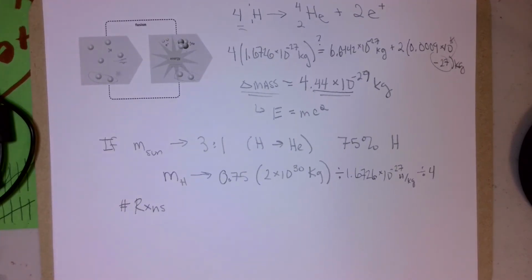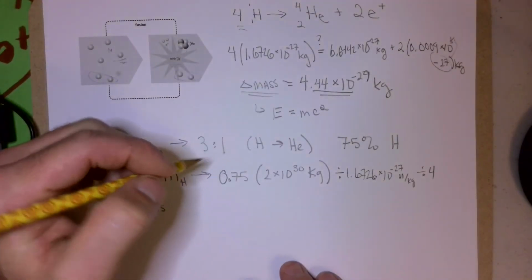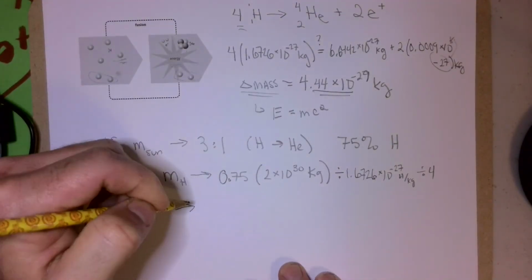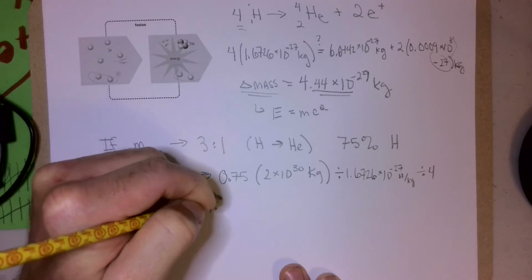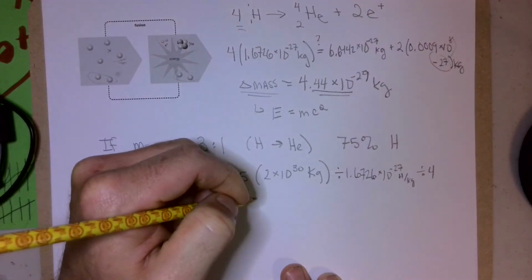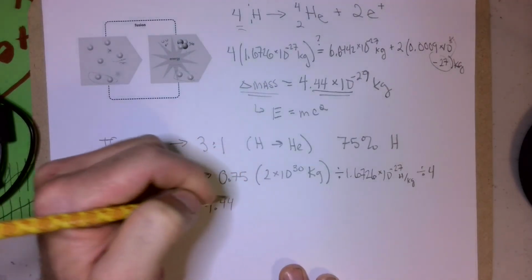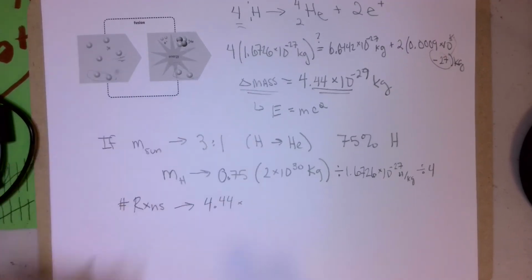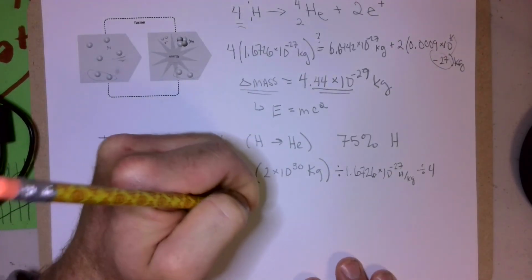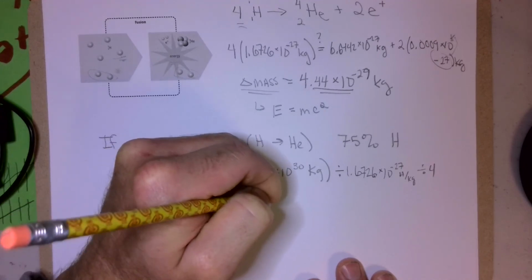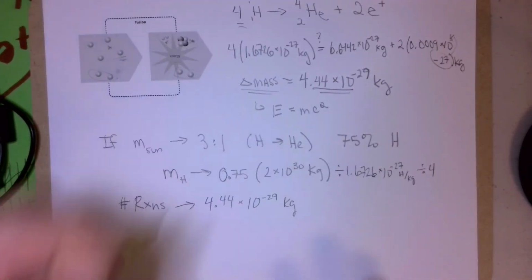And the number of reactions is going to be here is 4.44 times 10 to the negative 29th kilograms. That's the difference in mass.